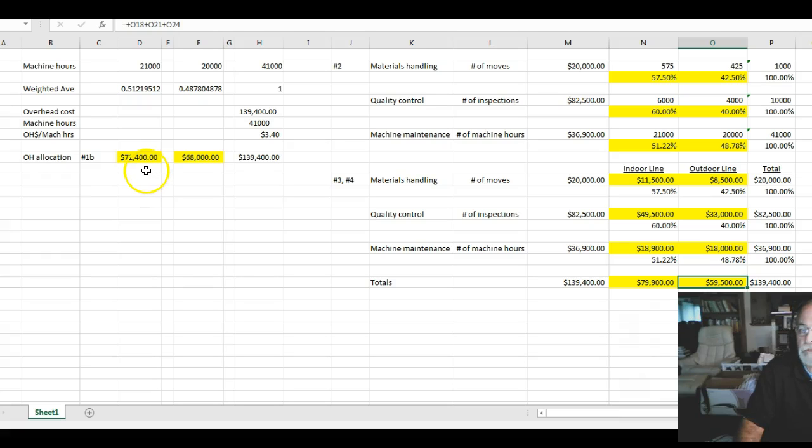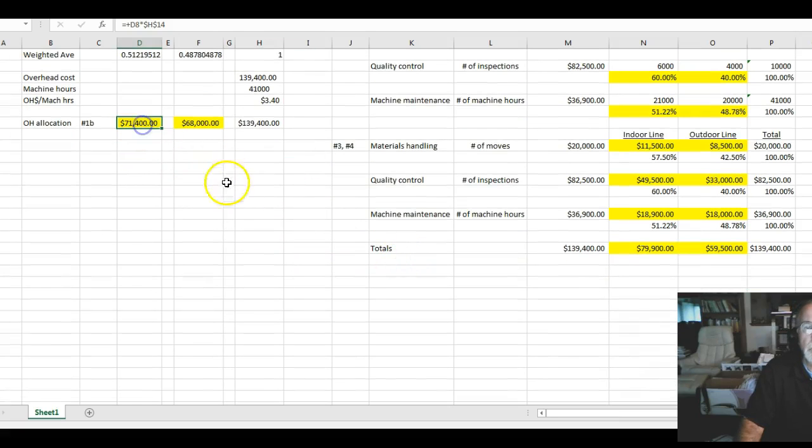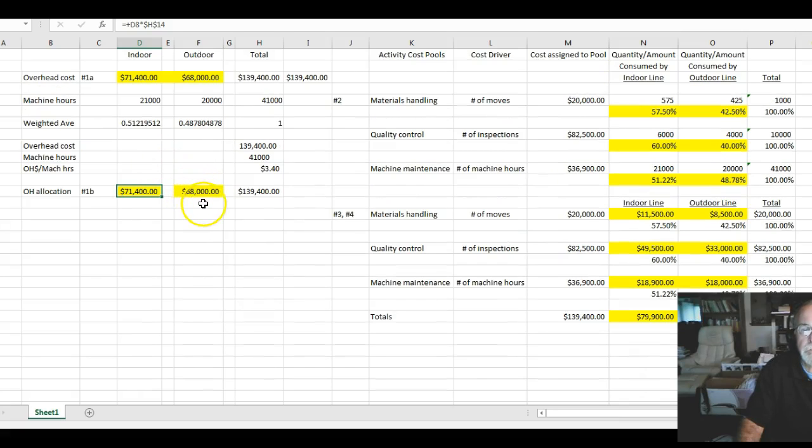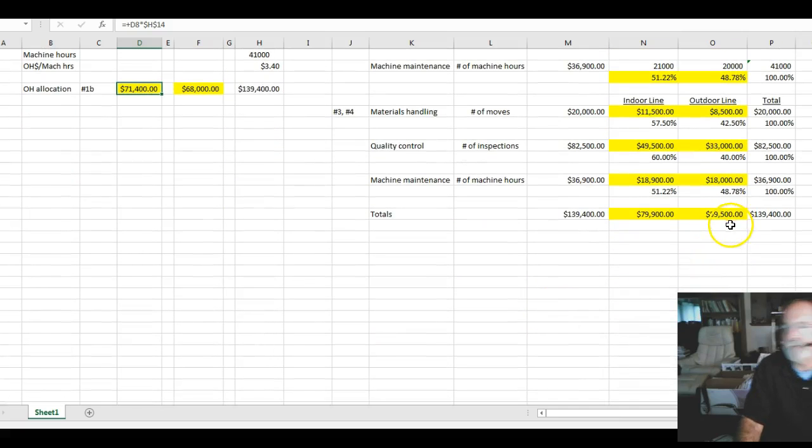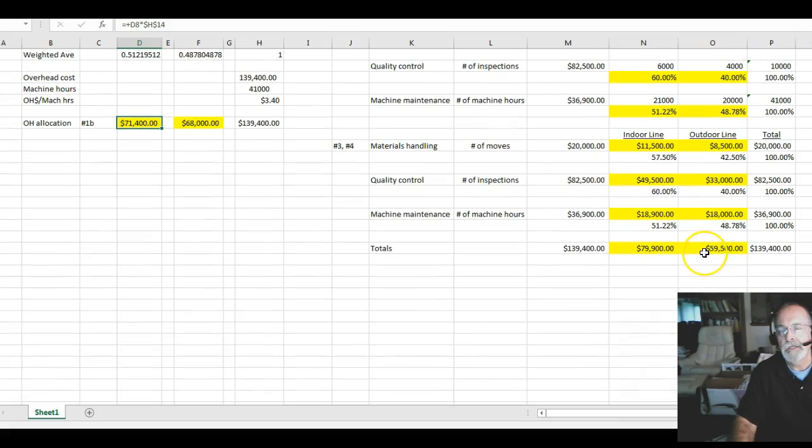Under the traditional allocation, we had 71.4 allocated to indoor, and under ABC we have 79.9, and under traditional we had 68,000 allocated to outdoor, whereas under ABC we have 59.5. So it's a little different. ABC is a bit more refined, I guess would be a good way to describe it, over the traditional cost allocation methods.